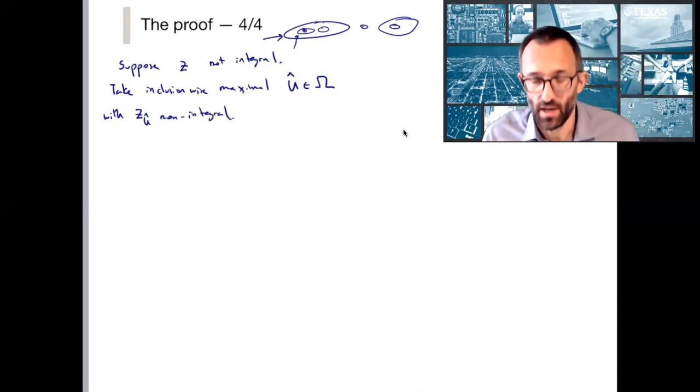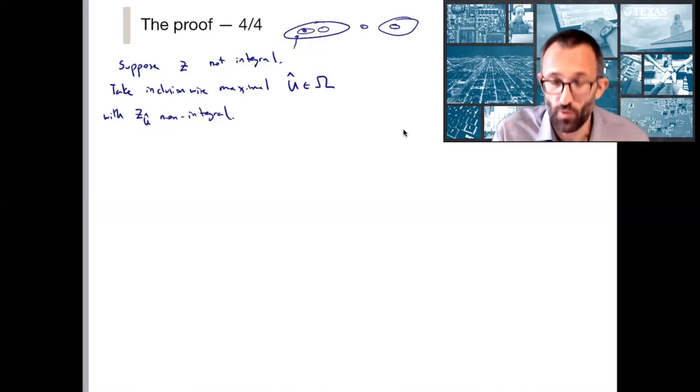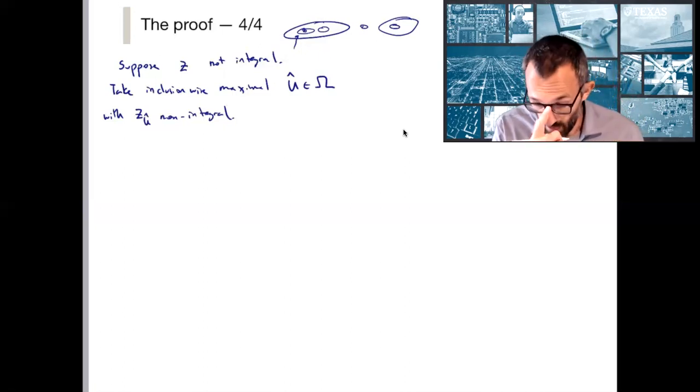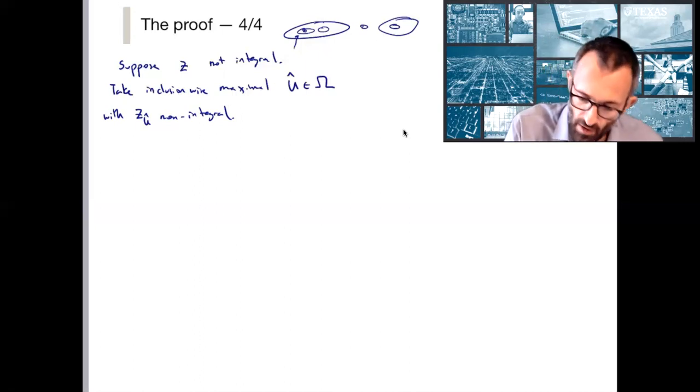Now, in the picture that I drew, if this interior one that the remaining arrow is pointing to is non-integral, you see that it has some subsets, but it may or may not have subsets.